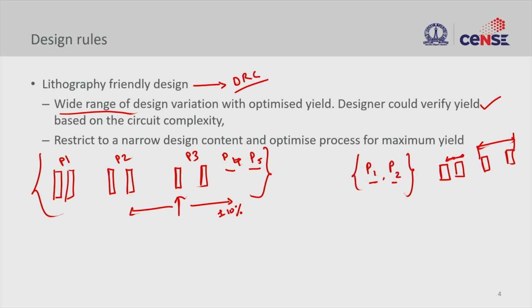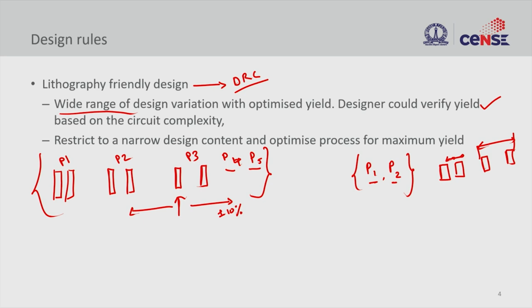So there is both advantage and disadvantage in going for a large number of variety. At the same time, circuits are complex. So there is a critical point that if you can't yield all the variation, your final circuitry might not perform optimally. On the other hand, we restrict the available design, right. So we restrict to 1 or 2.